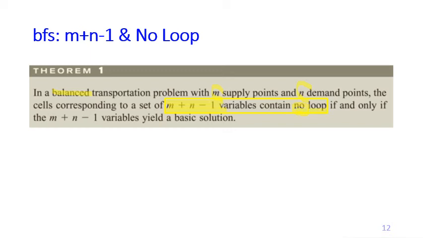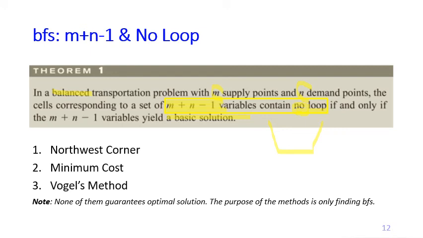Fortunately, there are 3 methods that will help us obtain these M plus N minus 1 basic variables, and they also guarantee that there will be no loop. These 3 methods are called Northwest corner, minimum cost, and Vogel's method. What I would like to emphasize here is that none of these methods guarantees an optimal solution.